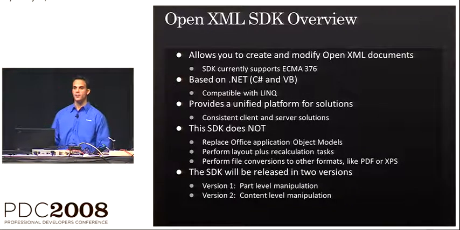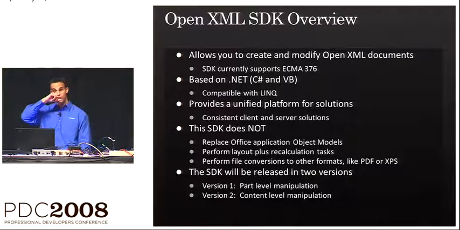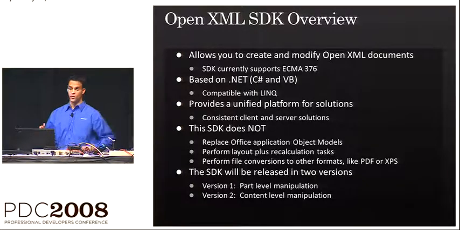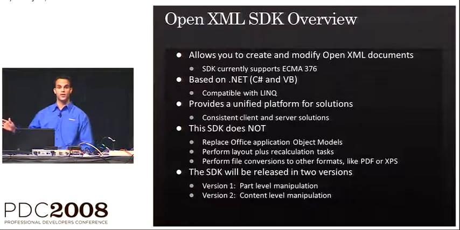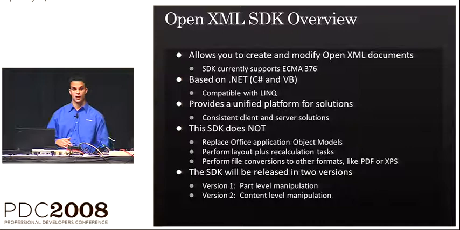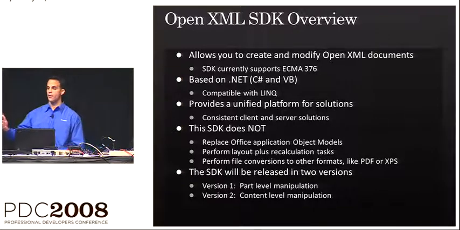And it's fully compatible with some of the .NET technologies, such as LINQ. You can actually create solutions that work on the client and on the server and expect them to work exactly the same way. Currently, the SDK supports ECMA 376. So for those of you who follow the standards, you'll know that now OpenXML is part of ISO.